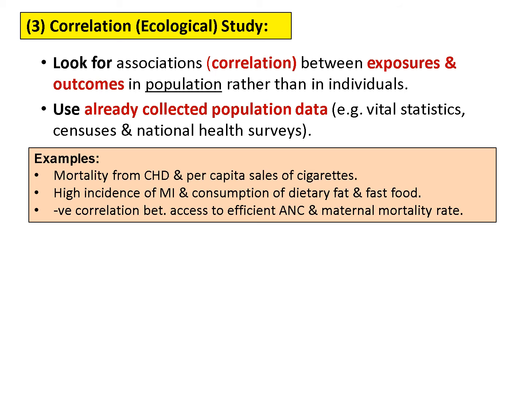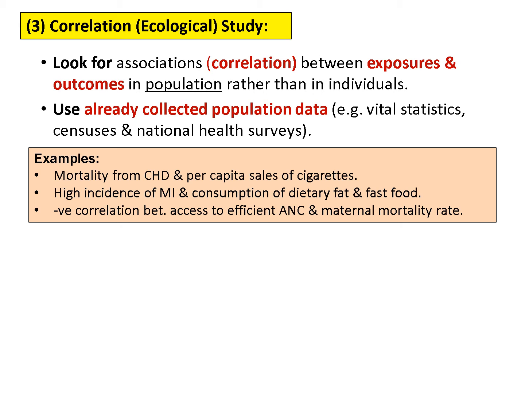Then the third one in the descriptive study is correlational or ecological study. What is meant by correlation? Correlation means finding association. So it looks for association between. Here we can't find association between individuals. No, we find association between exposure and outcome in populations rather than individuals.